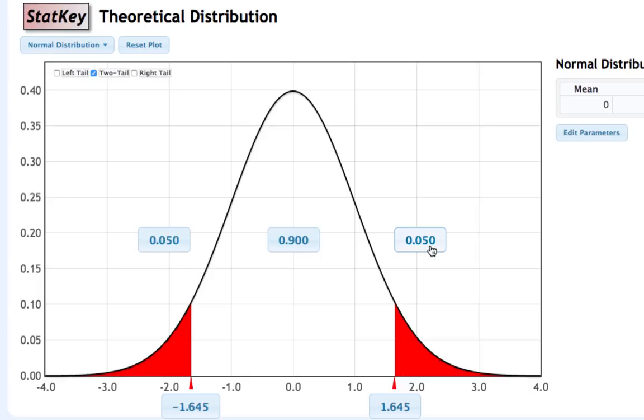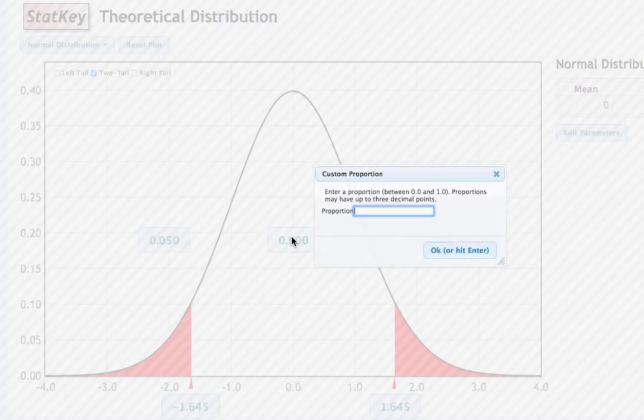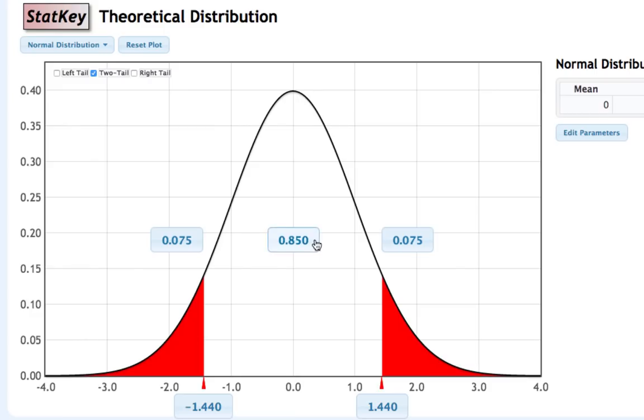These are the multipliers that we would use when constructing a 90% confidence interval. What if we were constructing an 85% confidence interval? We could change this number in the middle to 0.85, and this would give us our multipliers for an 85% confidence interval.